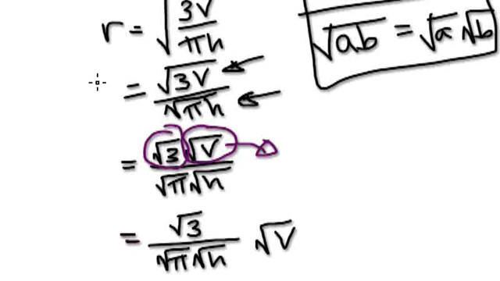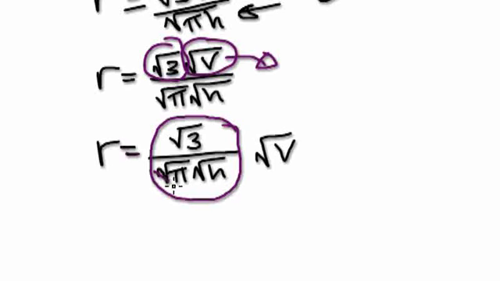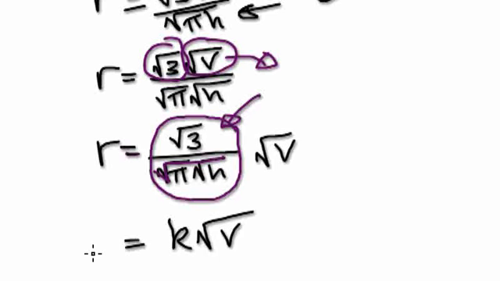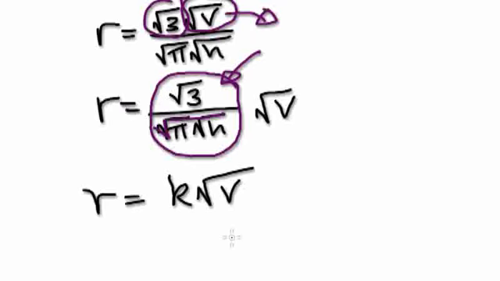So here we've got radius equals this, radius equals this, radius equals this. Now this whole thing is just a constant. We don't really care about anything in this bubble, so let's just give it a new name, a new constant. Let's just call it k. So you've got the radius equals k times root v.